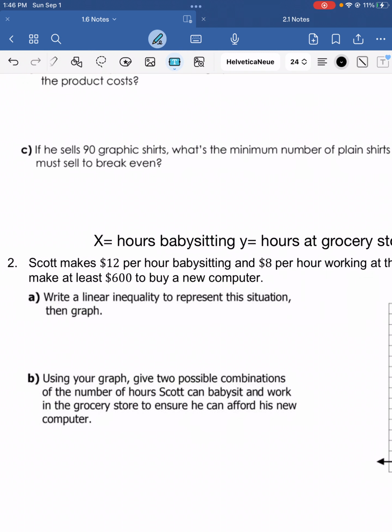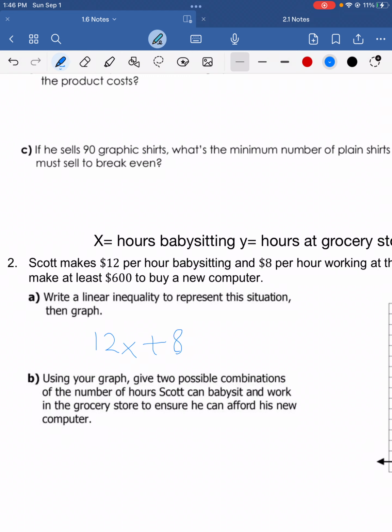Okay. So now how I'm going to write this equation is we know, you get $12 babysitting, plus you're going to be given another $8 every hour you're working at a grocery store.